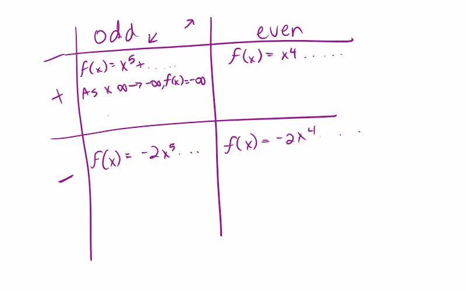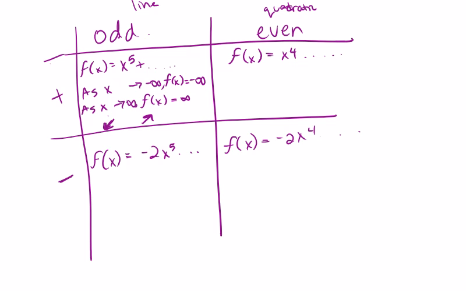We don't really know what's happening in the middle. And as x approaches infinity, f(x) approaches infinity. So this is saying that as x goes down, y goes down, and as x goes up, y goes up. And these basically follow the same rules as a line, and these basically follow the same rules as a quadratic.